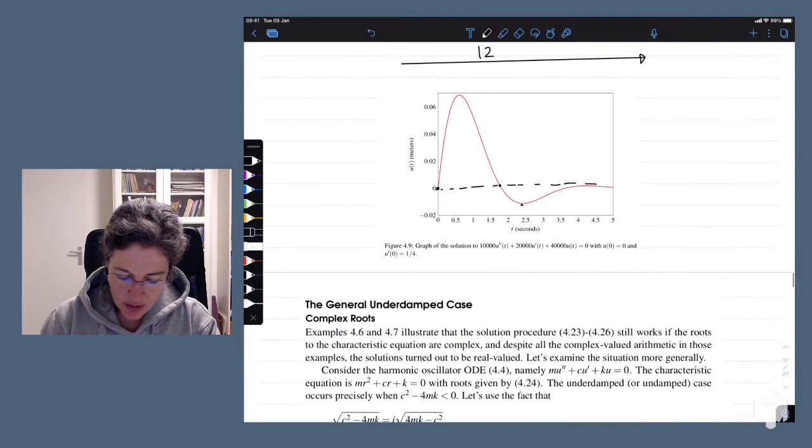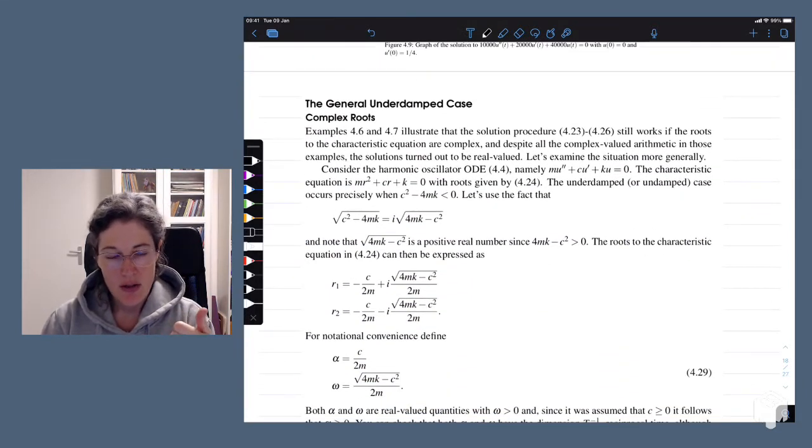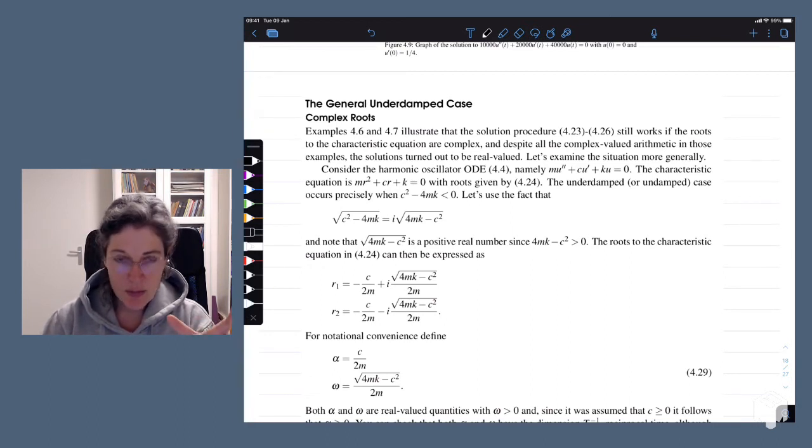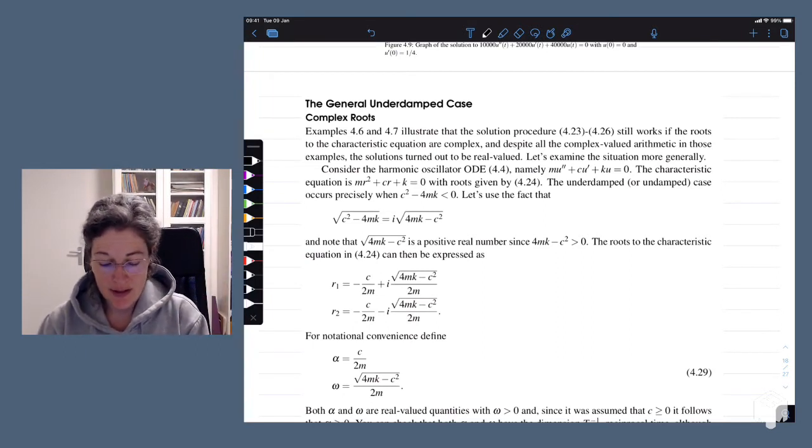So let's talk a little bit more about the general case. We've seen the underdamped and the no damping case. There's a little bit more to say. We've looked at 2 examples, and you would basically go ahead and solve like this.